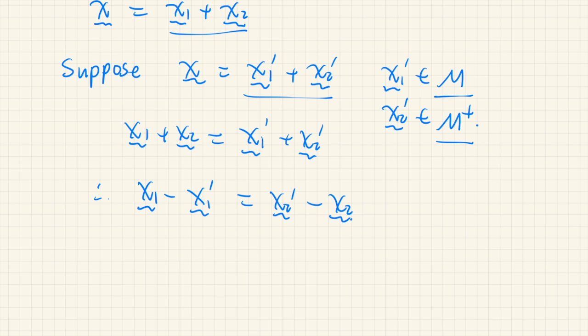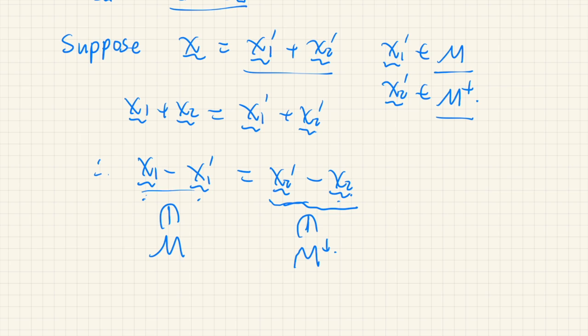Since x1 and x1 prime belong to M, x1 minus x1 prime belongs to M. Since x2 and x2 prime belong to M complement, x2 prime minus x2 belongs to M complement.